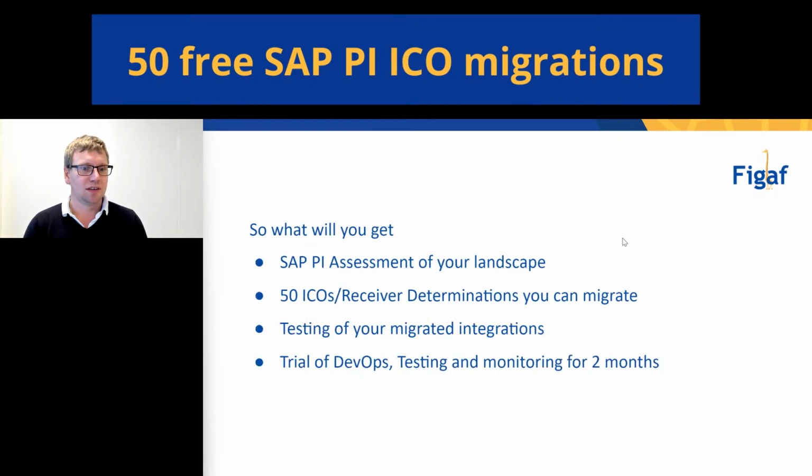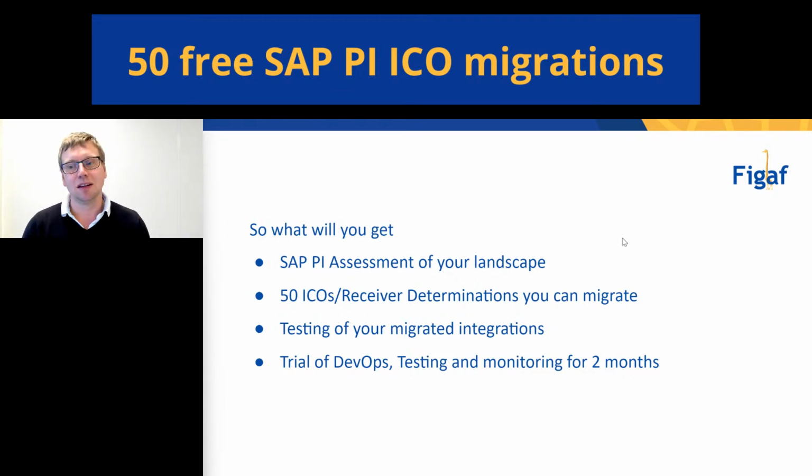So what is it that you will get? You will get the Figaf tool. It contains our PI assessment, which gives you an overview of your current integration landscapes. You will be able to migrate 50 ICOs or receiver determinations.